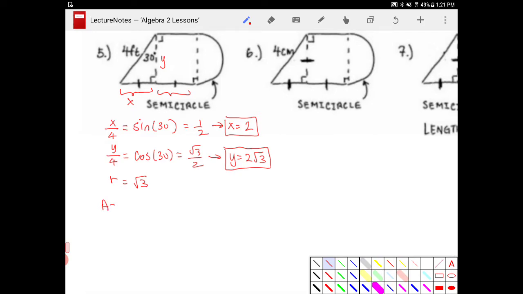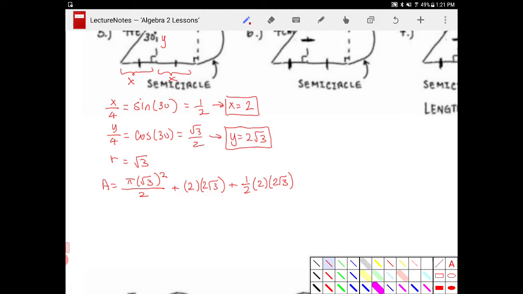The area is going to equal pi times radical 3 squared divided by 2 plus, that's the area of the semicircle. Then we have the rectangle in between. So the area is x times y, so it's 2 times 2 radical 3, plus the area of the triangle. So the area of the triangle is going to be 1/2 times 2 times 2 radical 3.